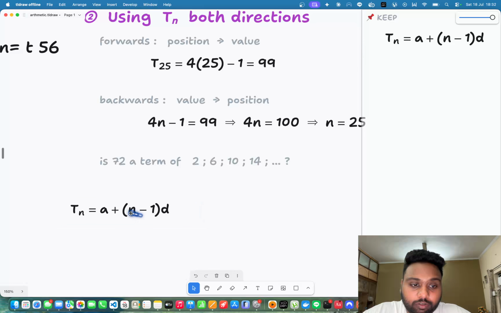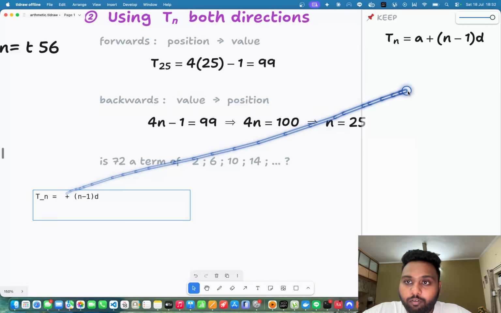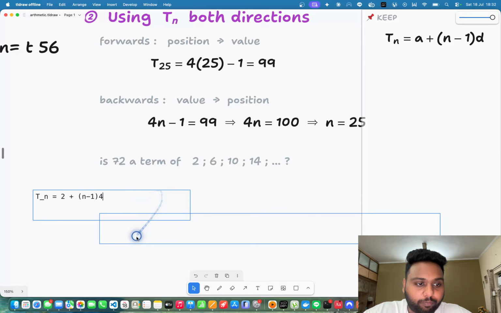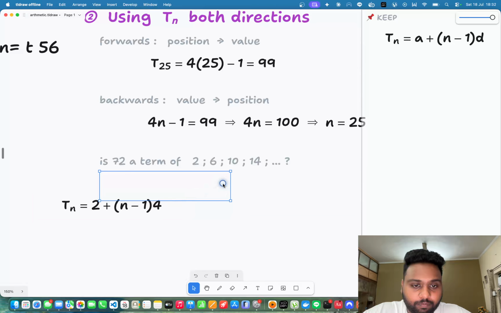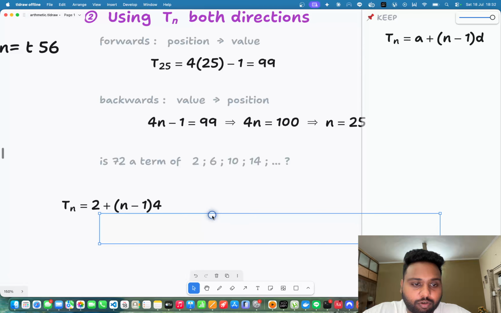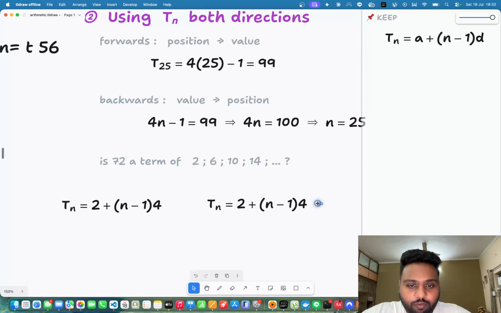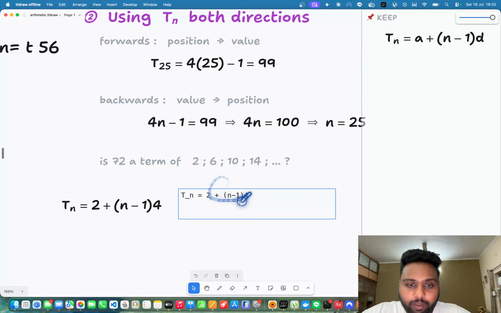So based on this, what is the formula going to be? What is the value of a in this case? It is 2 plus n minus 1 d. d is going to be 4. So this is 2 plus n minus 1 times 4, which turns out to be 4n minus 2.